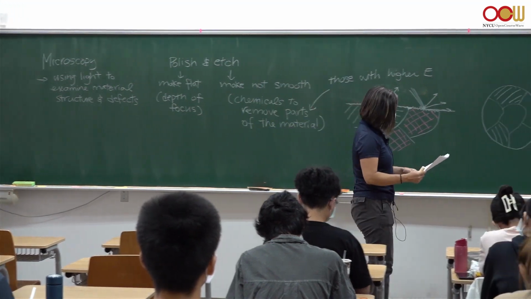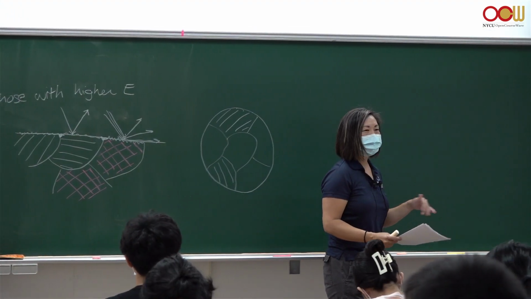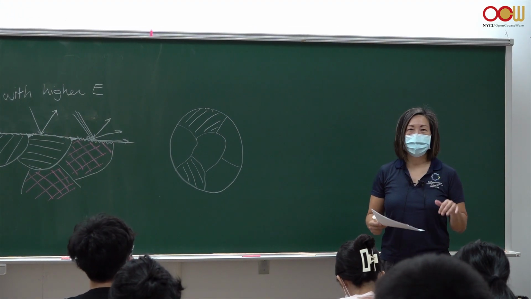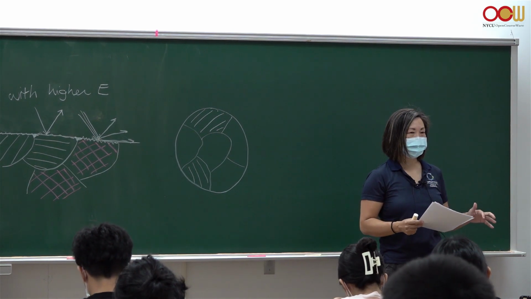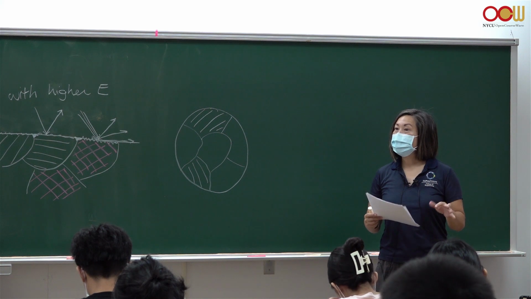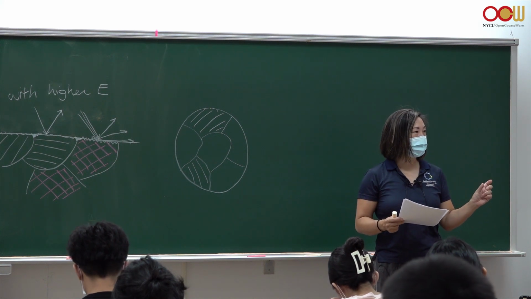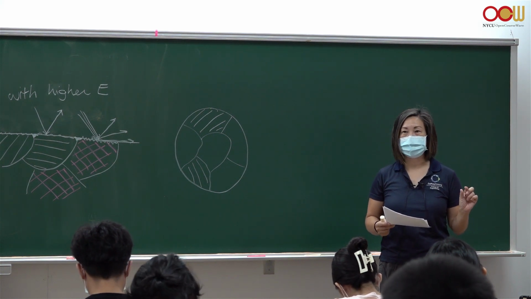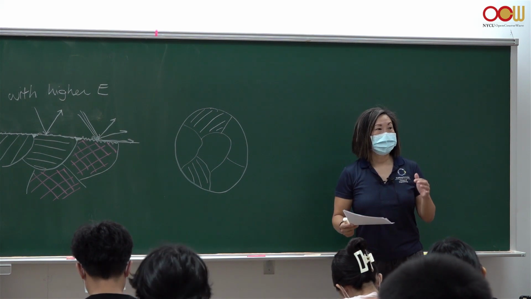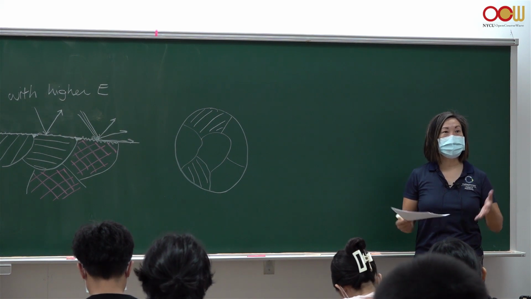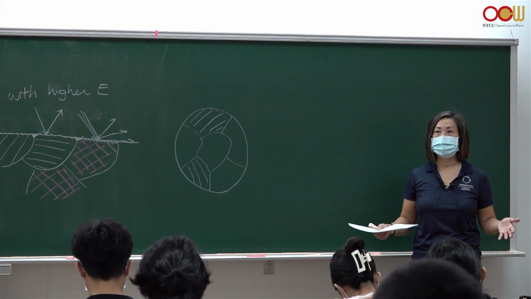But when we talked about X-rays, we talked about how we needed to use X-rays to look at material structure because X-rays have a similar wavelength to the size of the atoms that we're looking at, the unit cells, right? And so we know that by using just visible light, we have some limitations to how much we can see.